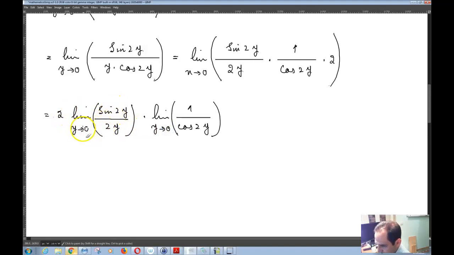Well, of course, as y tends to 0, 2y tends to 0 because of course this is a y.